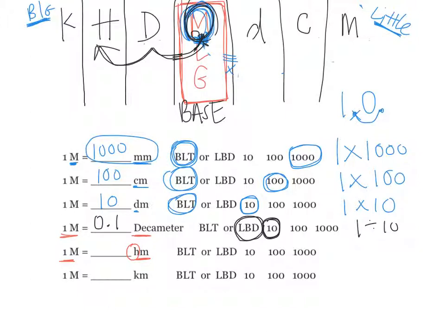So little to big is LBD. So this is division. So 1 meter divided by, if I move 2 times, that's 10 times 10, so I'm dividing by 100. And my cheat way of doing this is write 1 with the decimal and copy what your chart did. It moved your decimal to the left 2 times.